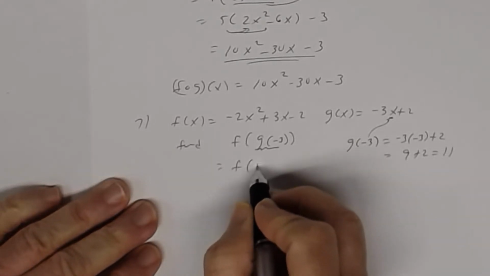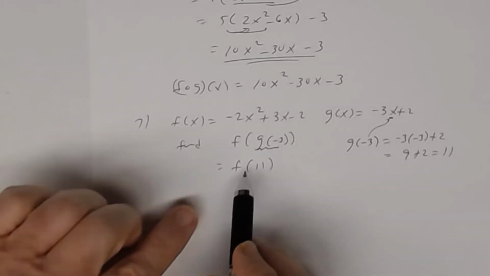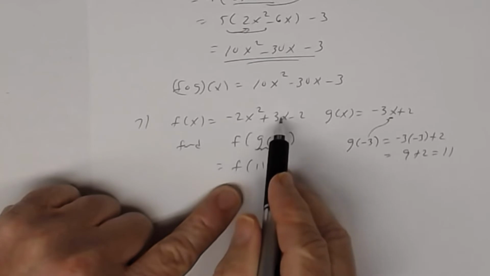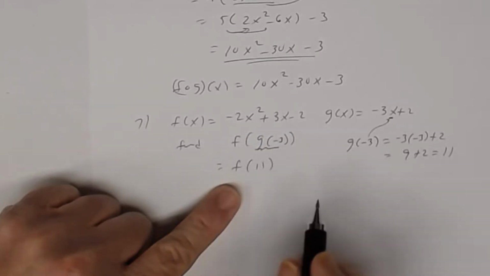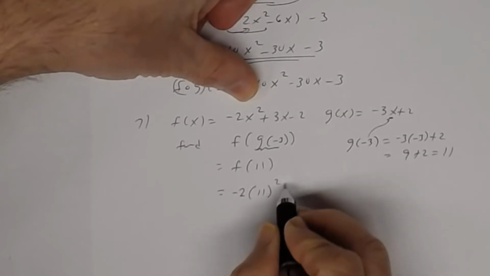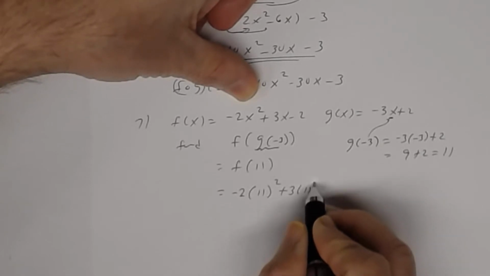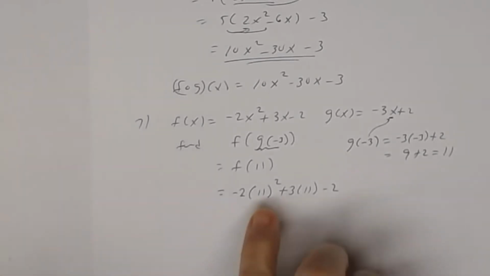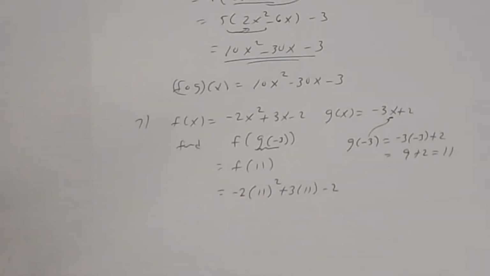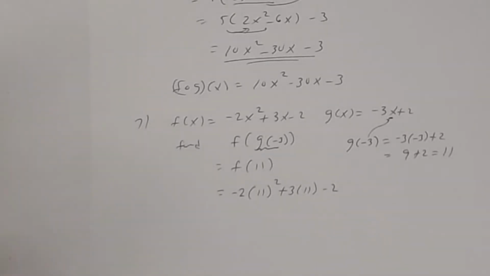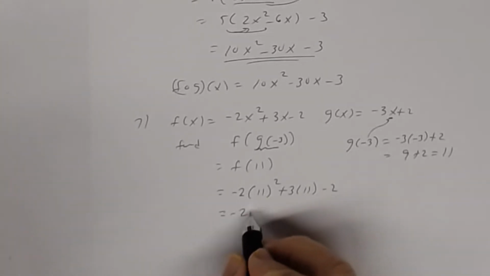I'm going to find f of 11 this time. So now I'm going to go to my function f, which is this quadratic function, and wherever you see the variable x, which I see twice, I'm going to substitute 11. So this becomes negative 2 times 11 squared plus 3 times 11 minus 2. Using a calculator, 11 squared is 121, times negative 2 gives us negative 242.